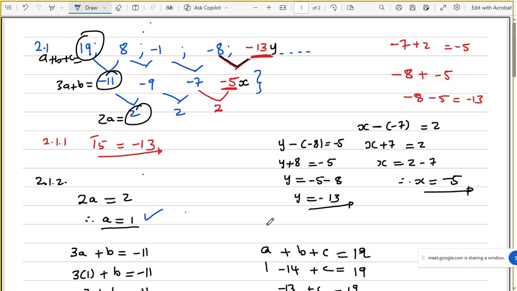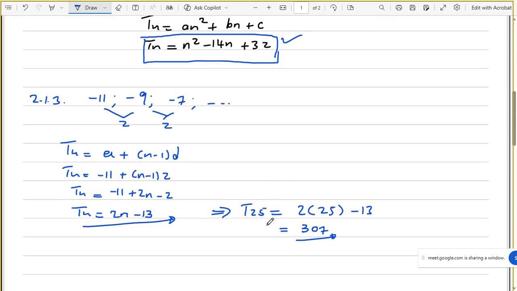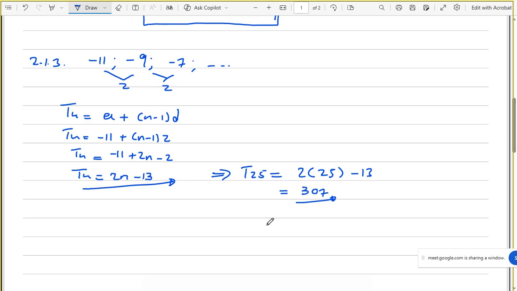Sir, I got 37. Sir, wait. I want to ask you something. I get they wanted the difference, and we already have the equation for the quadratic formula. So aren't we supposed to substitute the 25th? I mean, T25, I get equals to n, so our n is 25.